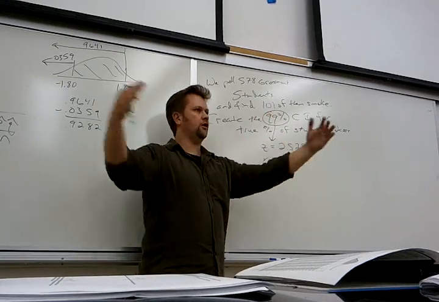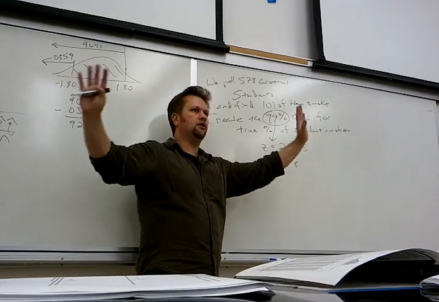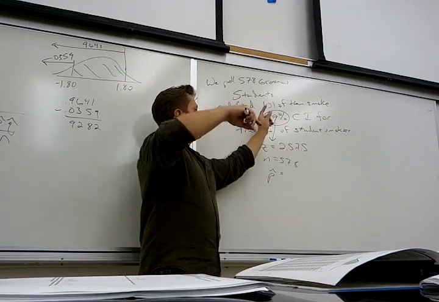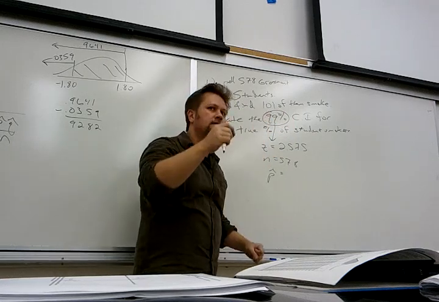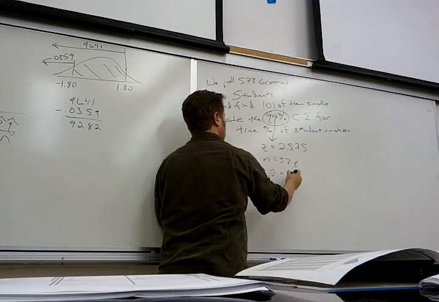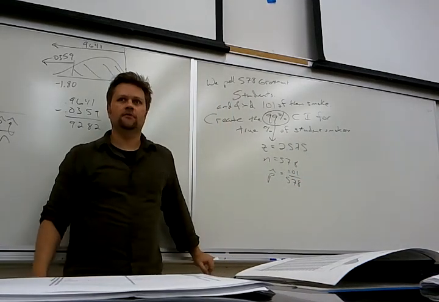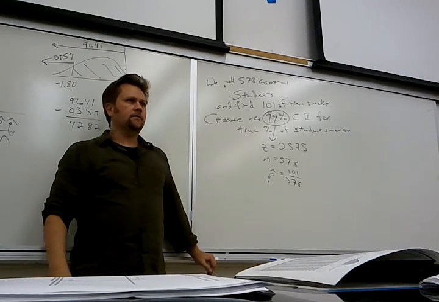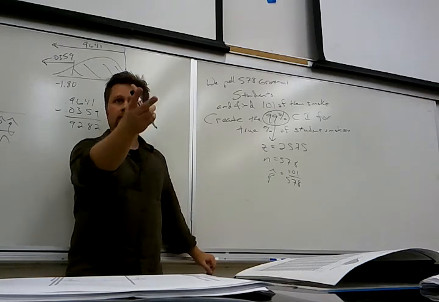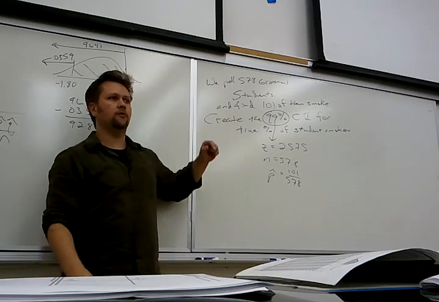This just tells me how far to go out. This tells me directly what z-score, how far do you want to go out, period. My p hat is the percentage from my sample. How do you get a percentage? Part out of whole, right? You cannot tell me a p hat is bigger than 1. Just like some of you that calculated percentage probabilities bigger than 1, that's just as bad. I can't have a percentage of something that's bigger than 1.